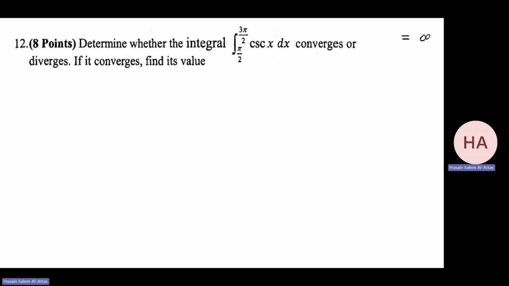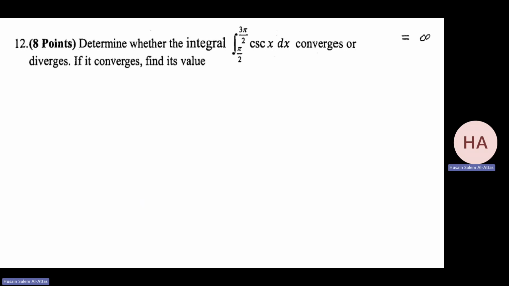Okay, cosecant. Yeah, be careful now. It's the integral of cosecant. Okay, the integral converges or diverges.